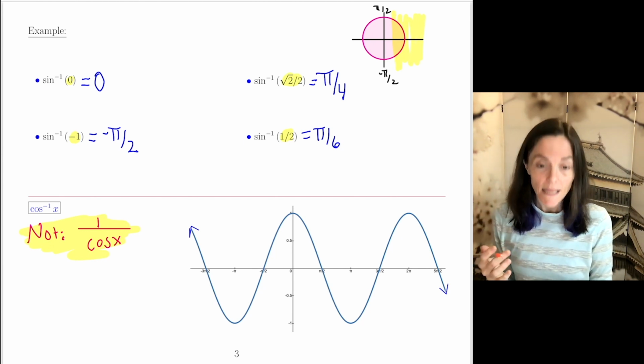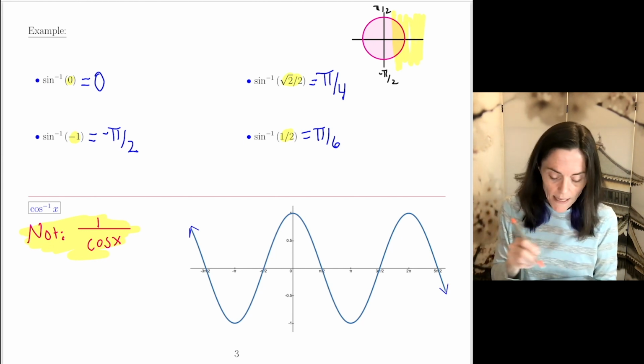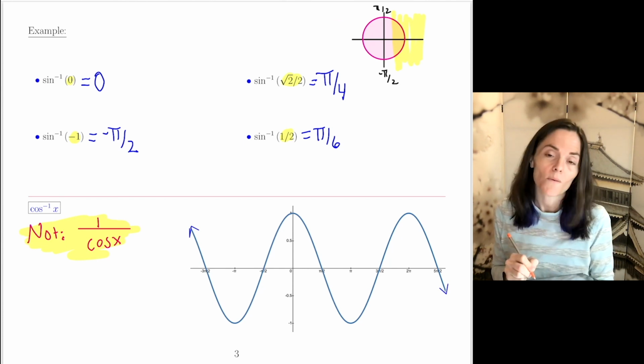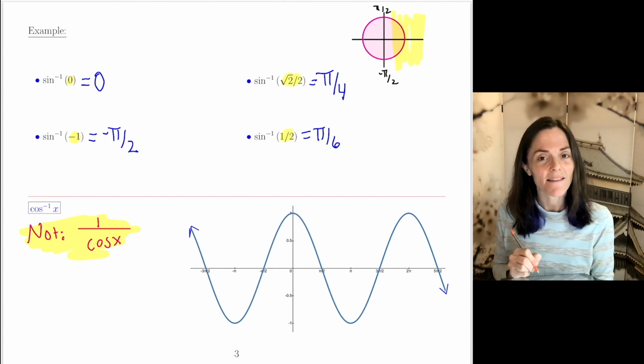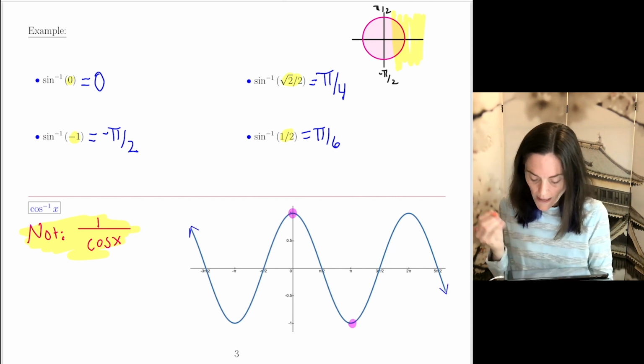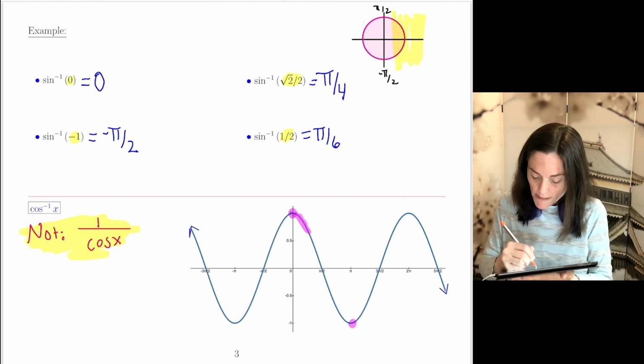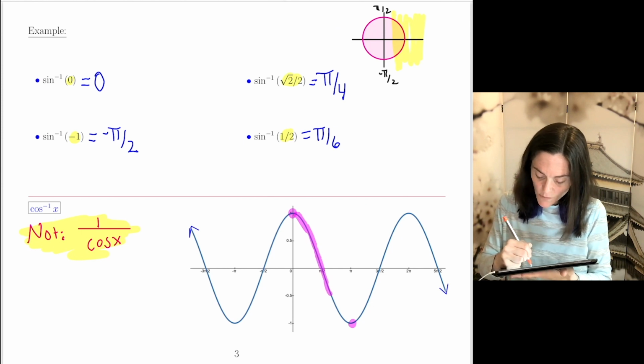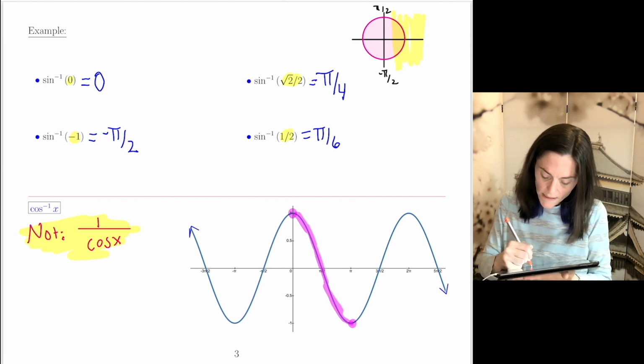So the convention here with cosine is we restrict, I will shade it here and then write it on the next page, but we go from 0 to pi, this closed interval. And you can see looking at this that we fill out the full range of the cosine.